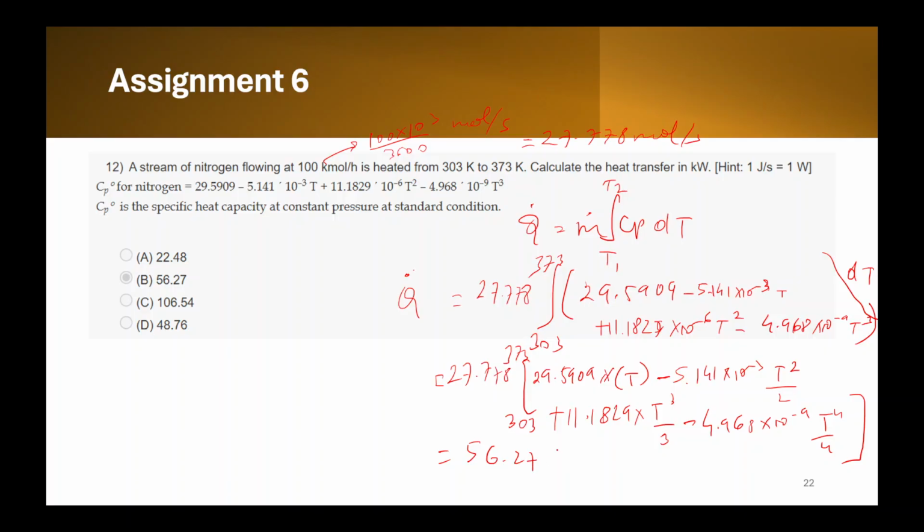56.27. I'll just calculate it here. Just a minute.